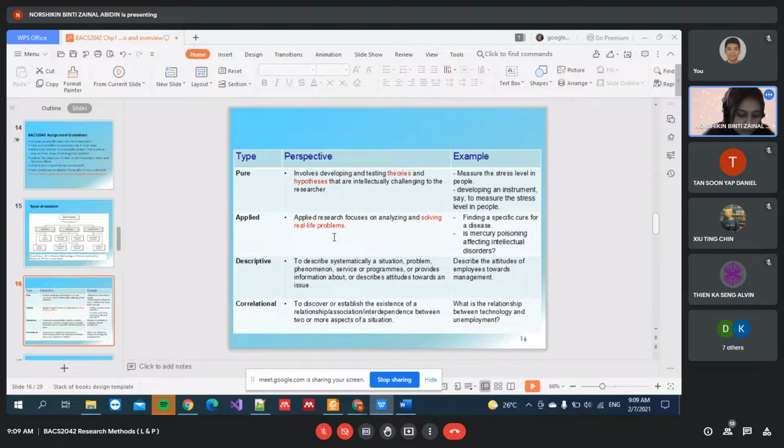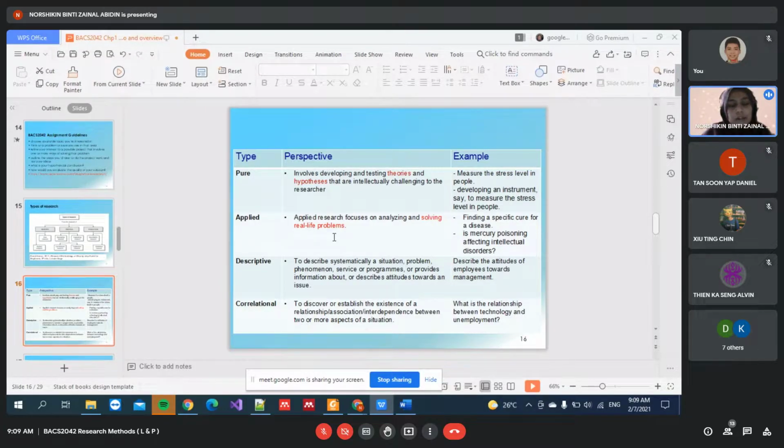Descriptive research is a research where you want to describe the character of autism that you can observe. So from your observation, you can write a description. But for research, it's not as simple as asking what the character is.